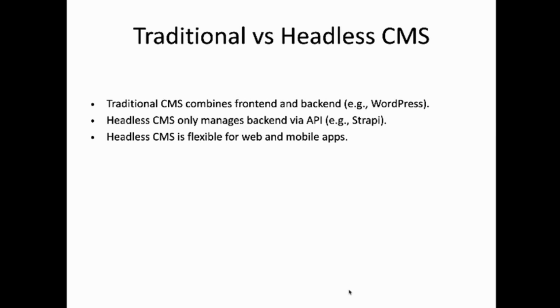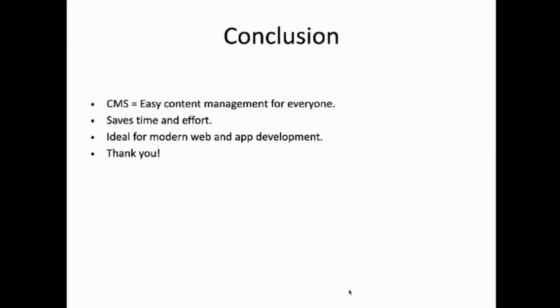In my upcoming video, I will explain how to set up Strapi and how to use it. You can develop everything very fast and quick. A headless CMS is flexible for web and mobile apps. As I said earlier, it's very flexible for both. So you just have to explore CMS.